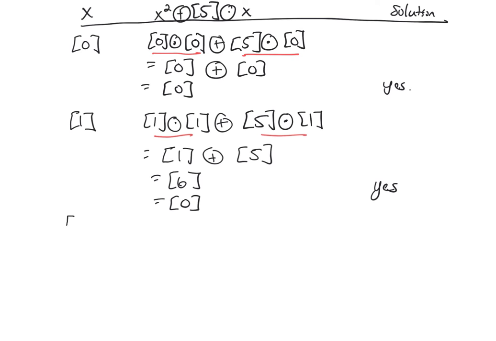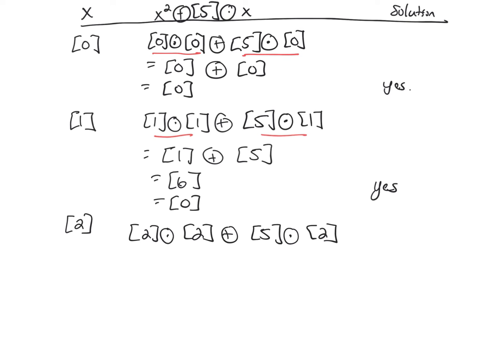Let's check 2 now to see if it's a solution. 2 squared, 2 times 2, plus 5 times 2. So again, start with the multiplication. 2 times 2, that's 4. 5 times 2 is 10.